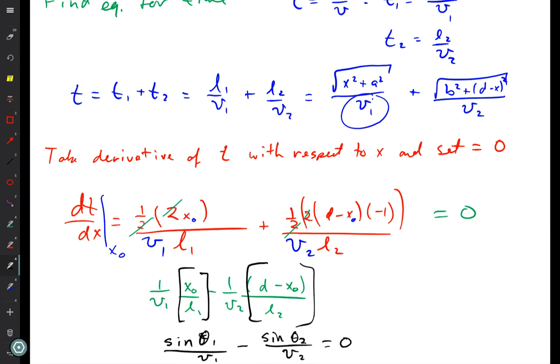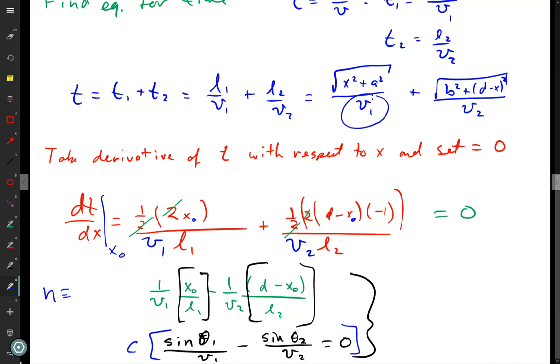Yeah, I pretty much am. What do I have to do to make the Snell's Law? Only two things. I will first, let me change color. I'll first multiply everything by C. Why do I do that? Because N is defined as C over V. So since I multiplied everything by C, then C over V1 is N1.